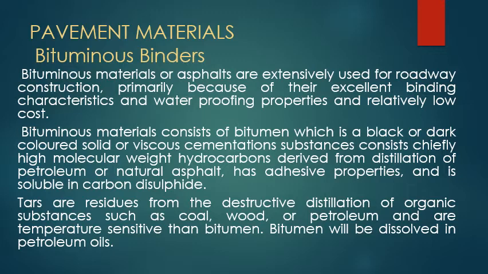Tar is a residue from the destructive distillation of organic substances such as coal, wood, or petroleum, and is more temperature sensitive than bitumen. And bitumen will dissolve in petroleum oils.